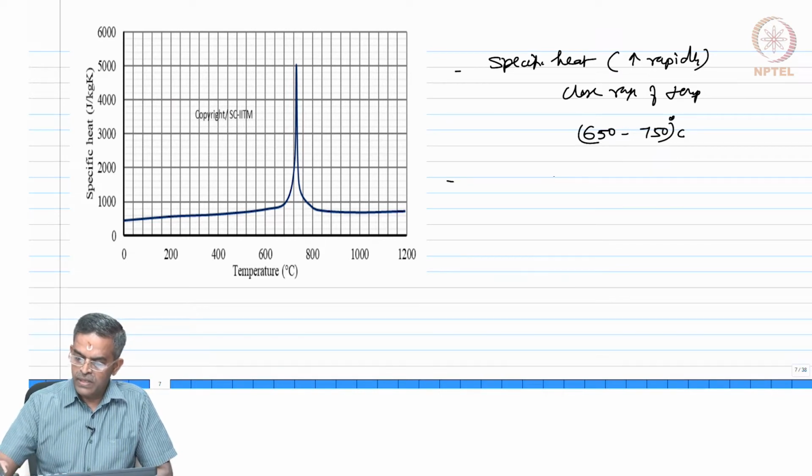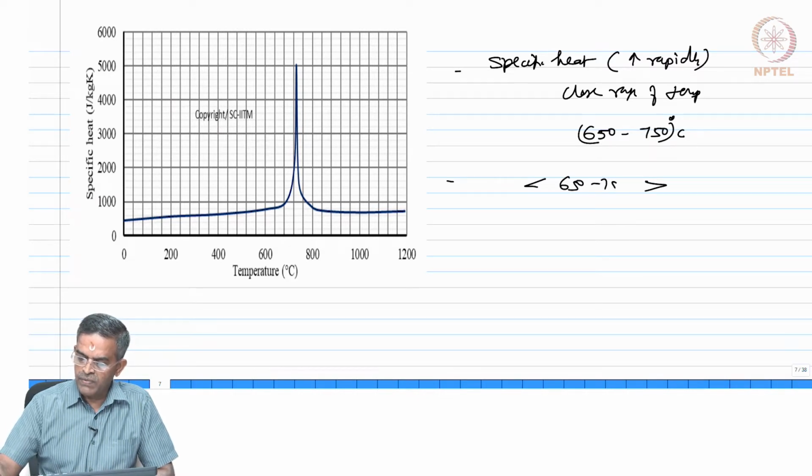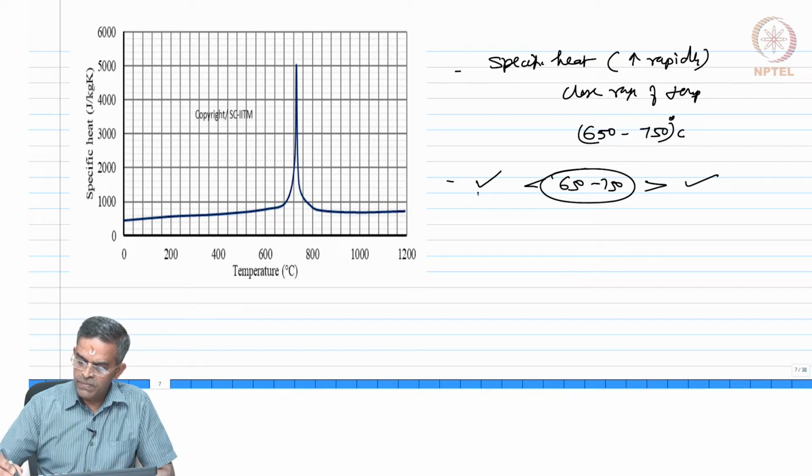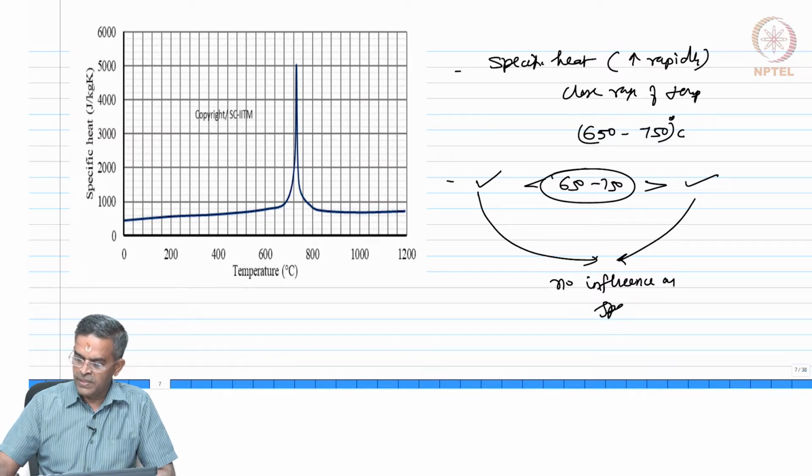That is, in the temperature range between 650 to 750, it rises very steeply, and the range below and after, they have no influence on specific heat.